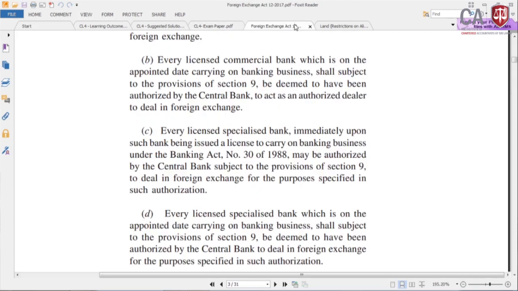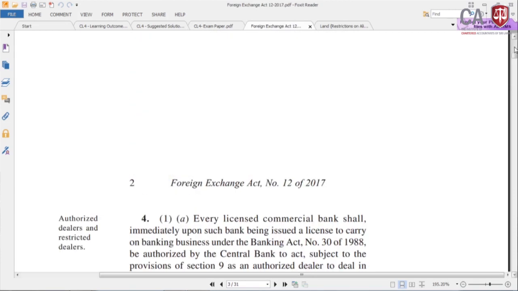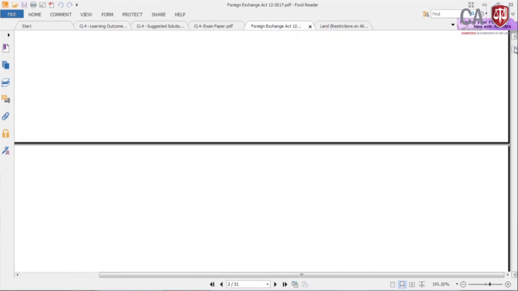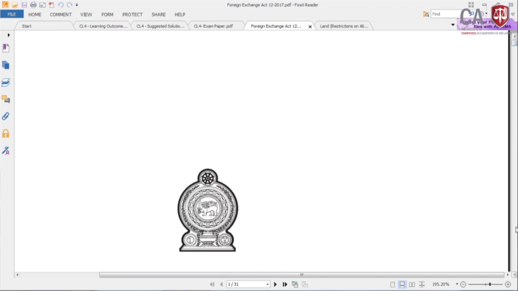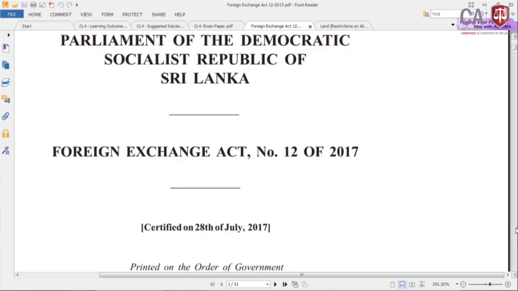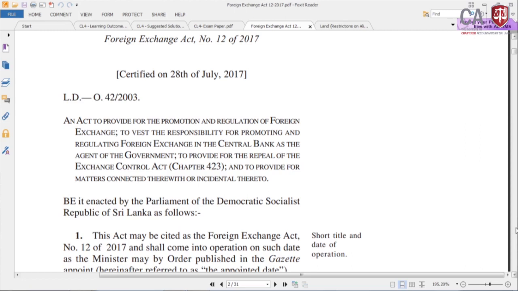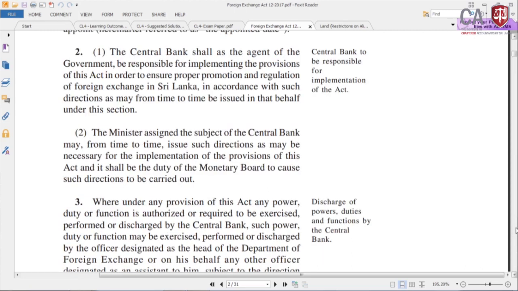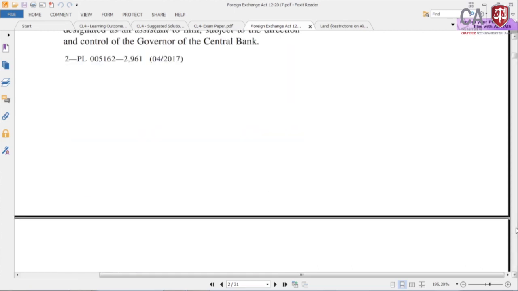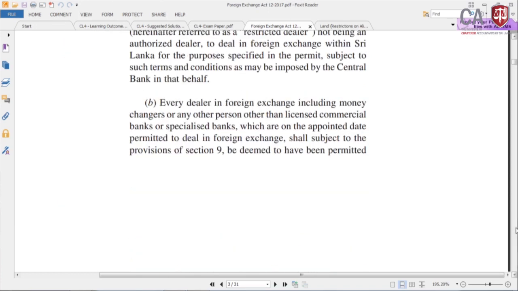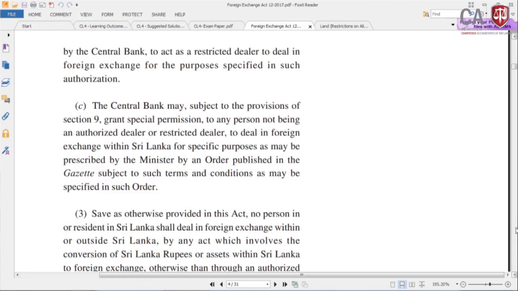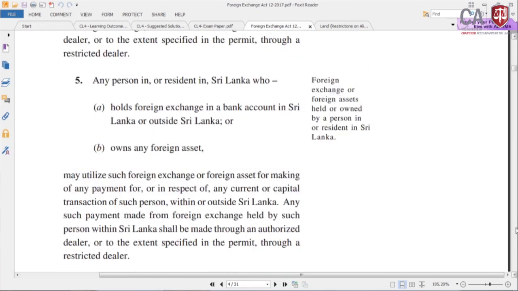Now, I will take you through the Foreign Exchange Act. Now, this is the Foreign Exchange Act number 12 of 2017. If you go through it, all these details are provided with regard to foreign exchange matters.